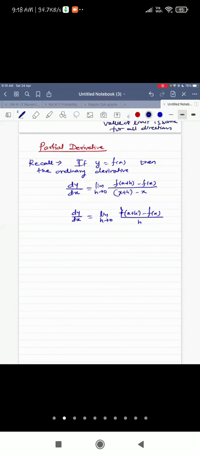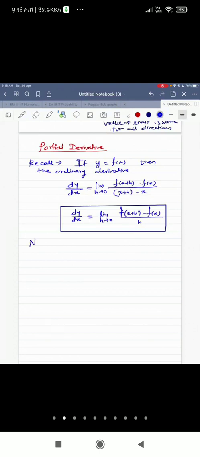Is it clear to you? It is already clear to you actually. You studied this in 11th and 12th standard. You have calculated the derivative using the first principle. This is the first principle of finding a derivative, right? I'm writing it so that you can relate it with the extended case. So this is for the one variable case.